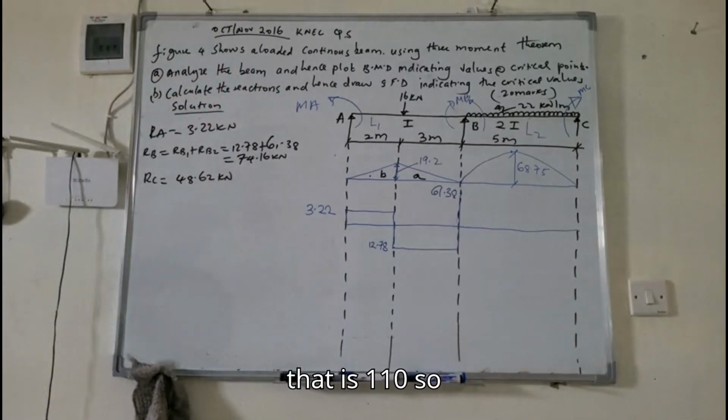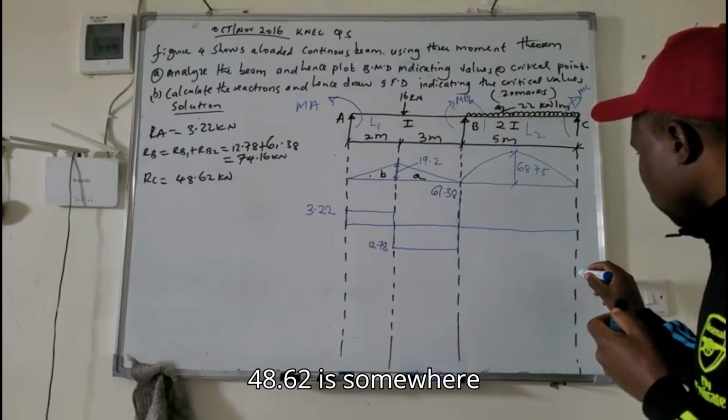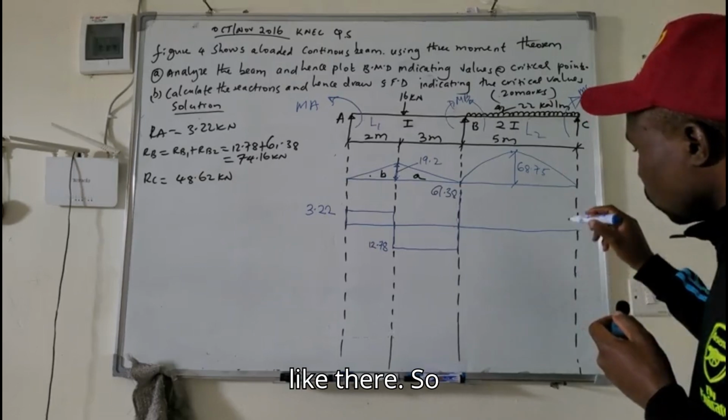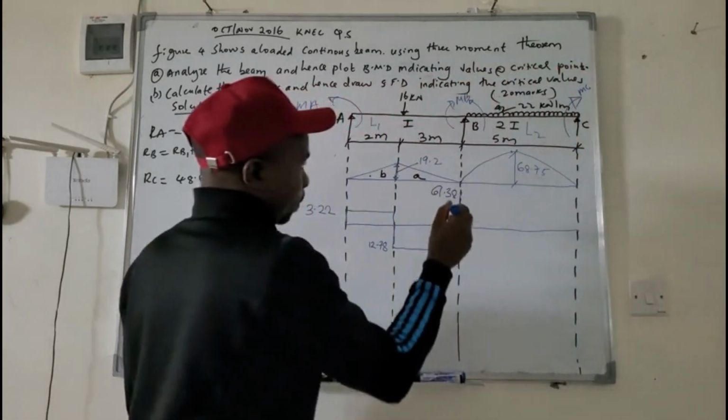That is 110. So minus 110, 48.62. So 48.62 is somewhere like there. So you draw a diagonal line.